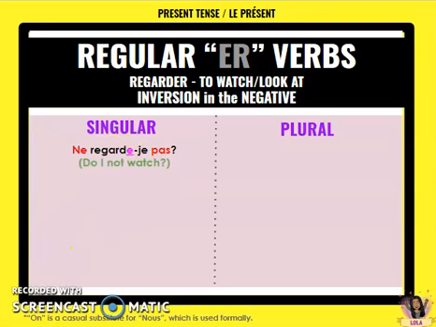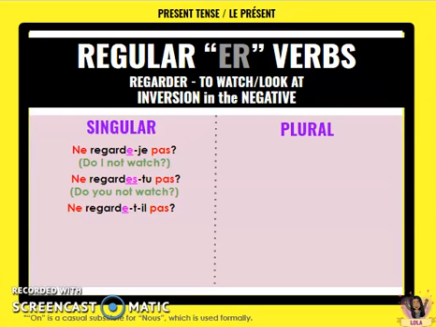Do I not watch? So we had regardes-tu, now we have the ne before the regarde. Ne regardes-tu, and we're going pas. So it becomes ne regardes-tu pas. Do you not watch? Ne regarde-t-il? The ne comes before the regarde, and the pas after the pronoun il.